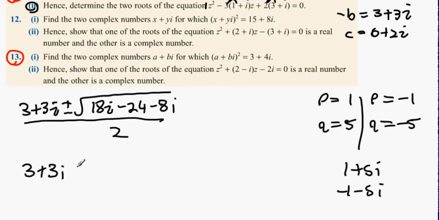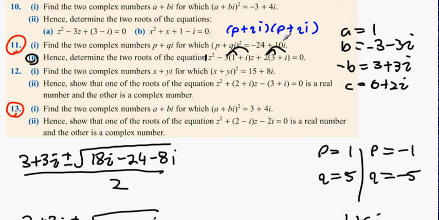Now here's where the first 10 questions start to come in useful. So we have 3 plus 3i here, and then plus or minus the square root of, what is in here? It's minus 24 plus 10i. And what did we have in the first question? We had minus 24 plus 10i.